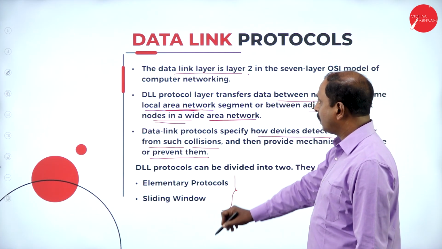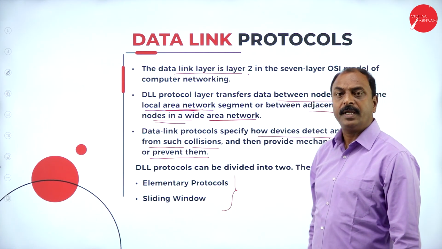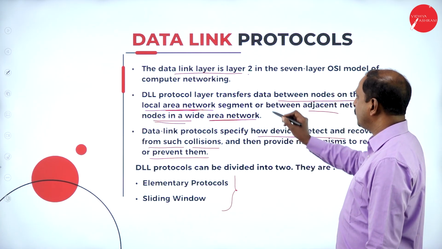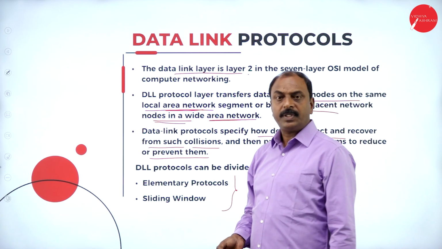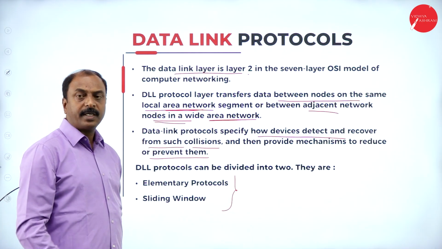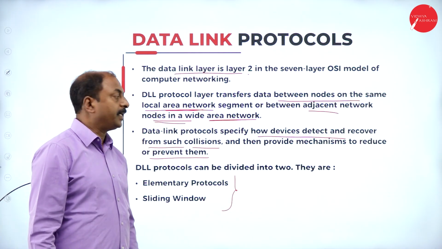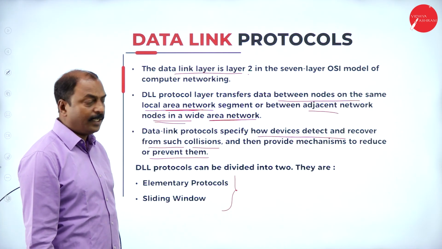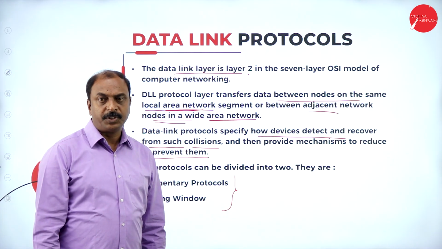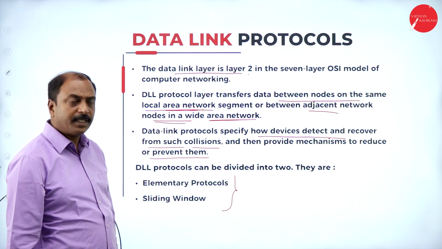These are the protocols in the data link layer. So the main responsibility of the data link layer is to transfer the data within a network, in a local LAN or with WAN connectivity, that is wide area network. And also it avoids collision during data transmission across the network.